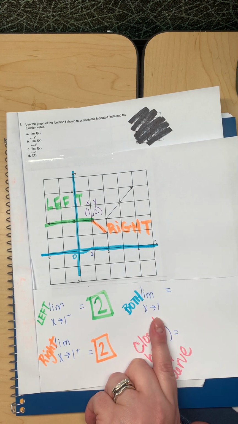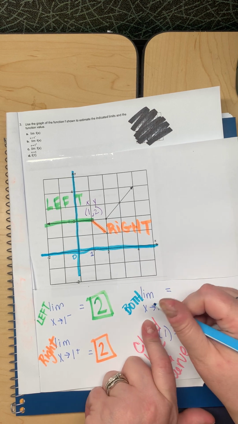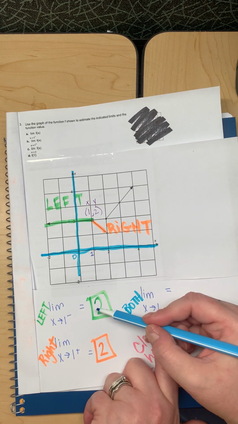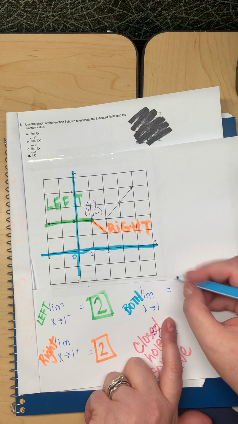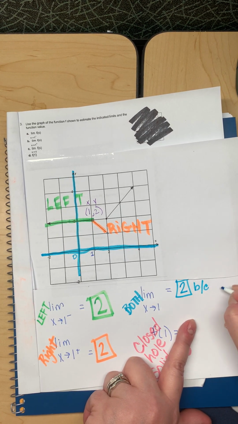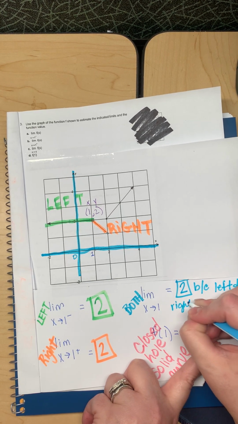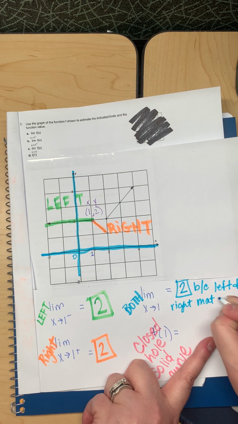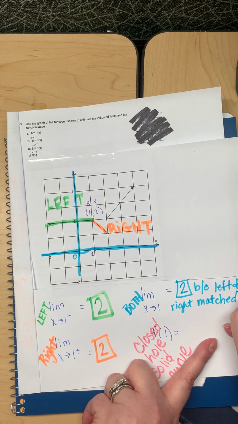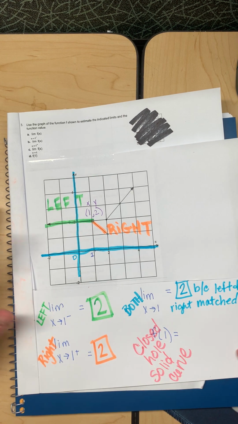So since my previous two answers were the same, that means the limit as x approaches 1 is that same thing, 2. And it's 2 because the left and the right matched. If they were different, we would put does not exist.